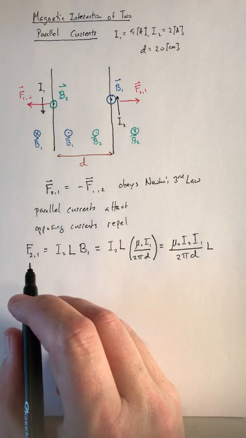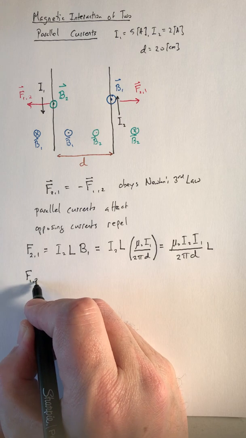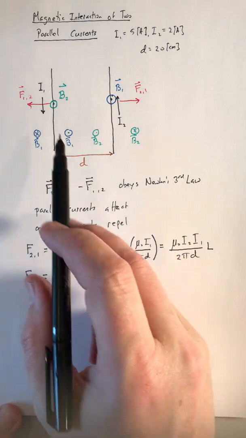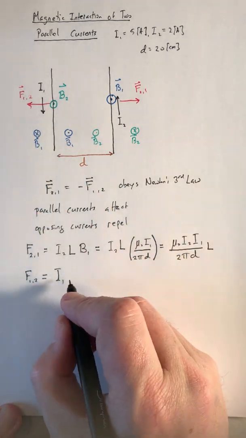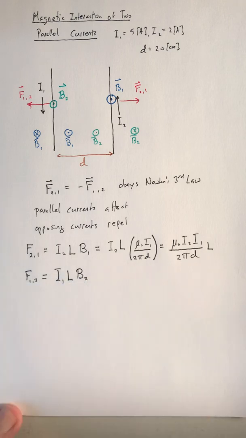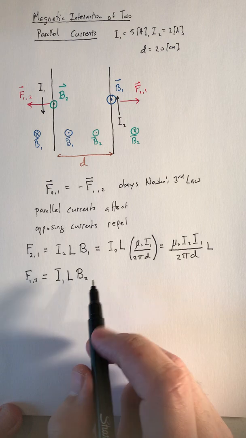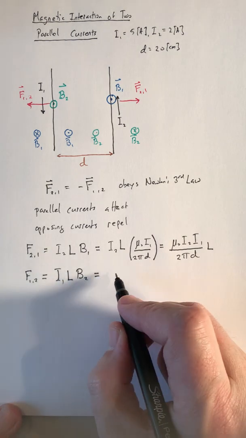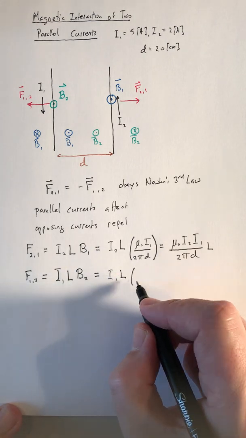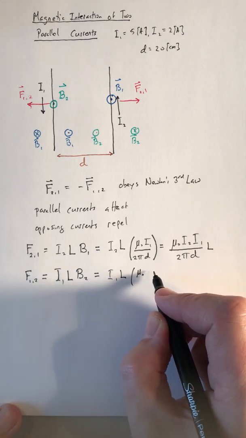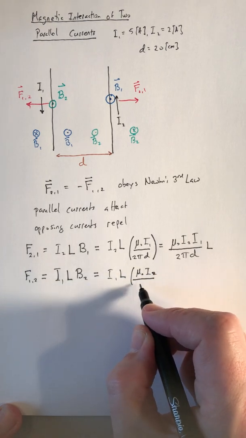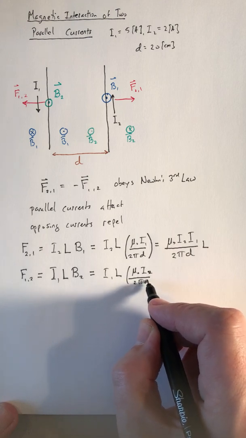All right, if we look at the magnitude of the force on 1 due to 2, so it's current 1 that the force is being exerted on. The current has a length L, and it's being acted on by magnetic field 2. So we have I1L mu naught times current 2 over 2 pi d.